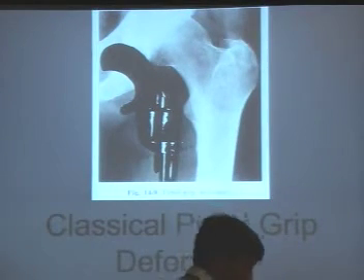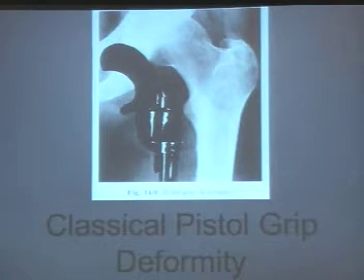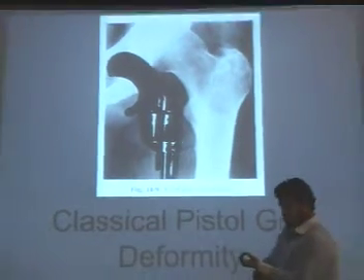The classical deformity that is encountered in these young athletic patients is a pistol grip deformity of the proximal femur.